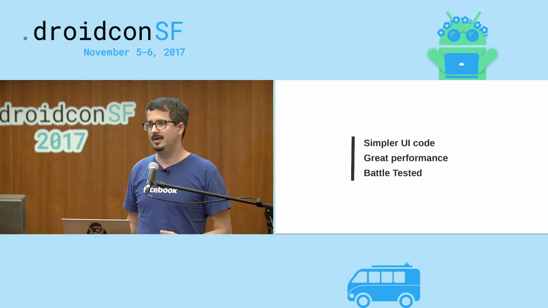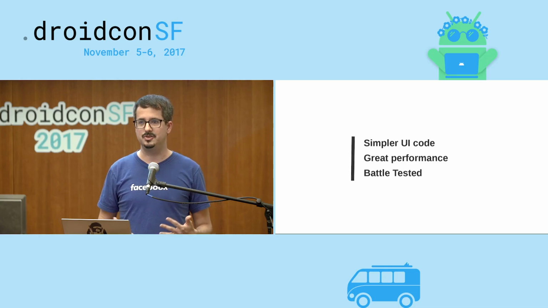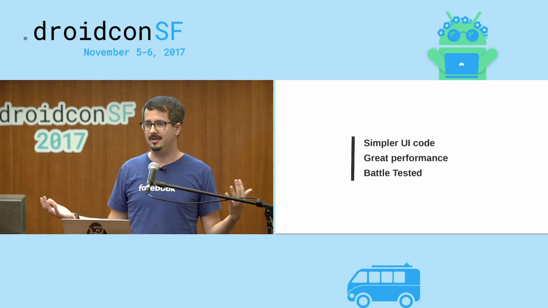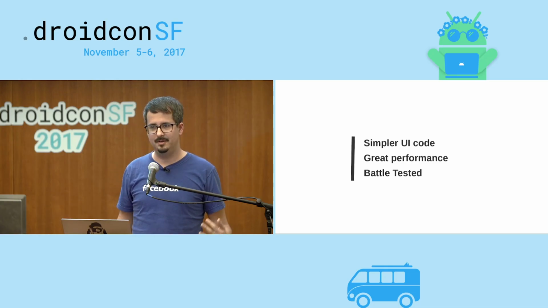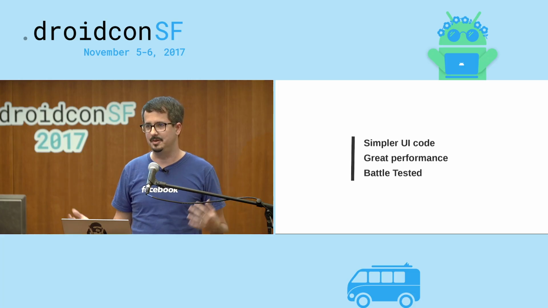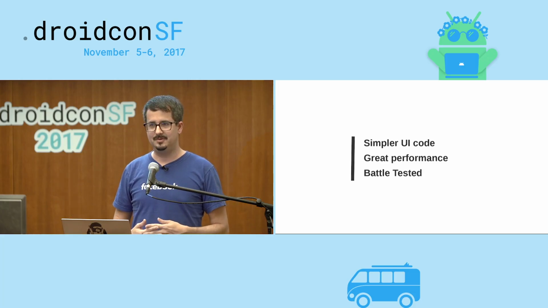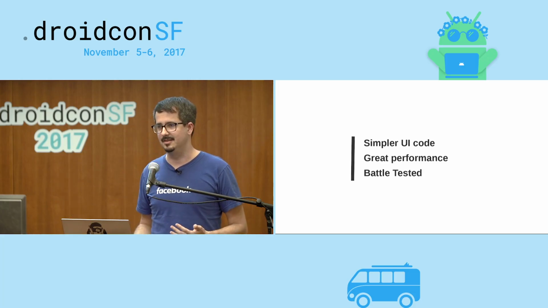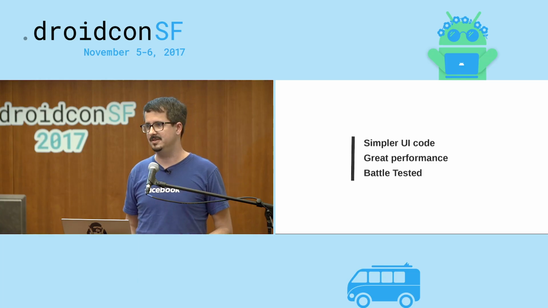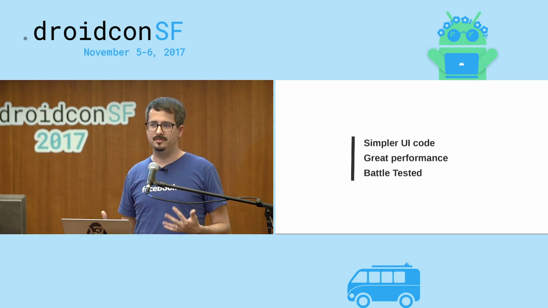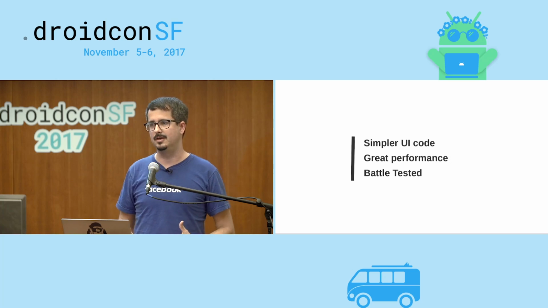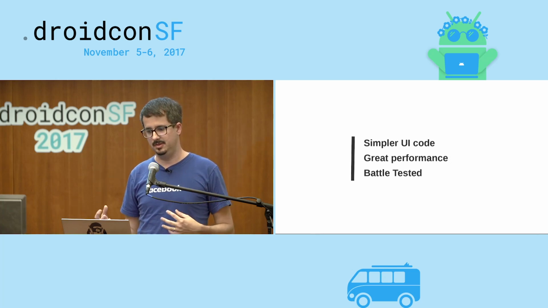The kind of code that you write in Litho makes it very easy to scale. Suddenly you don't have to care about view types. You don't have to mess with adapters anymore. You don't have to spend a ton of time optimizing layouts anymore because a lot of that stuff is taken care of for you. So a big part of Litho is offering you a very simple way of writing UIs, but at the same time opening up a lot of possibilities of improving performance in a big way.